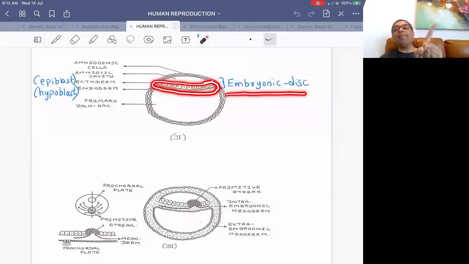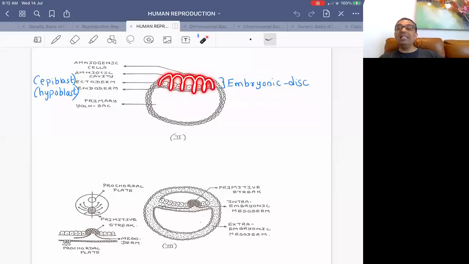As the tall columnar ectoderm cells sink downwards, they form a cavity above the ectoderm, and that cavity is called the amniotic cavity.